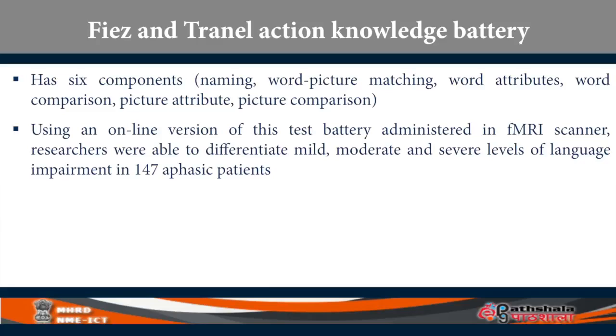Initially, I remember, it was more than 200 patients, but they had to eliminate certain patients who did not meet other criteria. Ultimately the experiment was conducted with 148 aphasic patients who were required to lie in the scanner and match the word to a picture, or give a response about how good this word is to this concept, or compare words or attributes of pictures. I suggest you go back and read more description about this particular battery in the e-text.